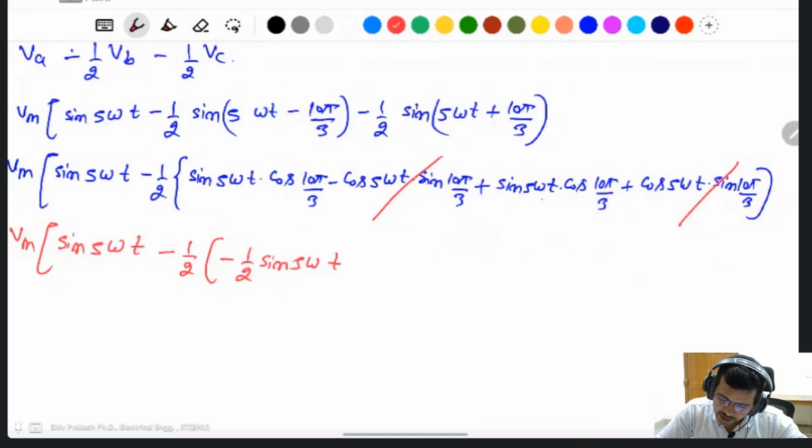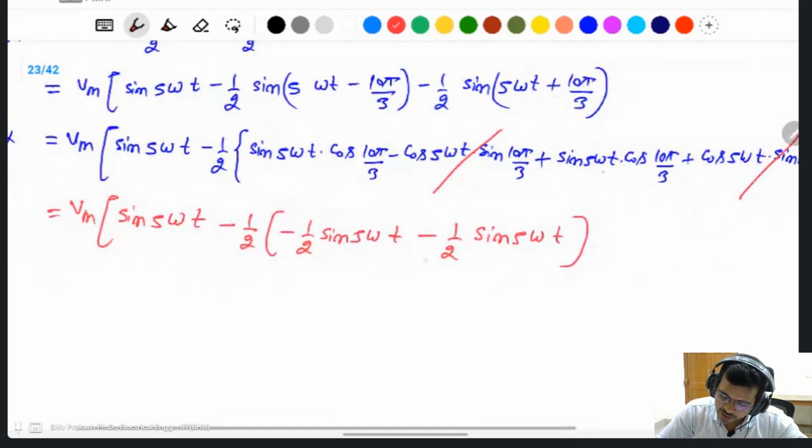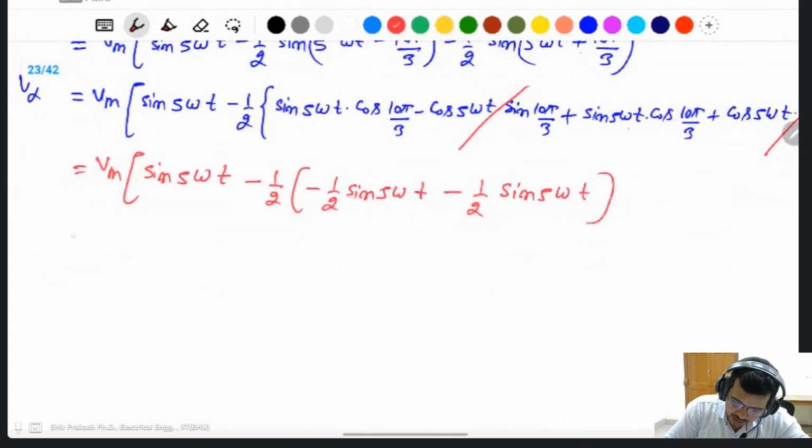The same thing, this will be 10 pi by 3, minus also half sin 5 omega t. Half, minus minus will be plus. Vm plus half sin 5 omega t, sin 5 omega t, 1 plus half is 3 by 2 Vm sin 5 omega t. This is the V alpha.